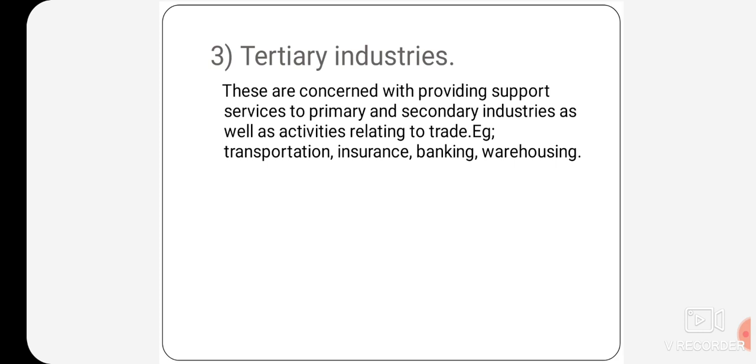That means for movement of goods or people from one place to another place, what do we require? We require transportation. Either it may be road transportation or air transportation or water transportation, but we require transportation for movement of goods or products from one place to another place.